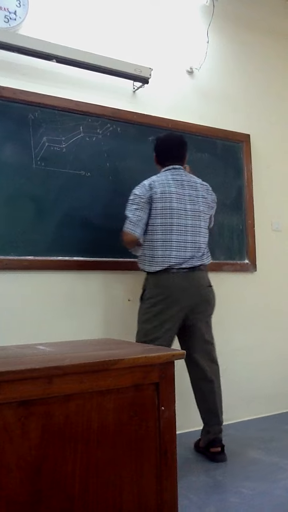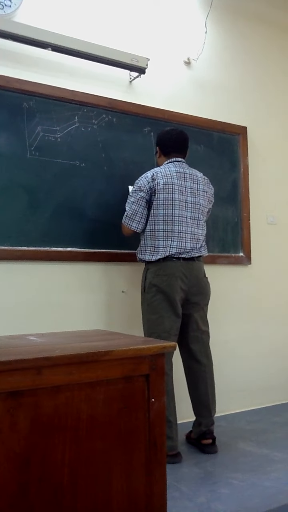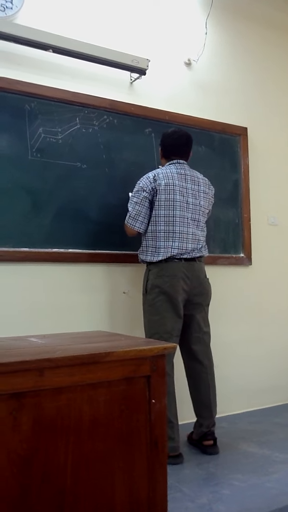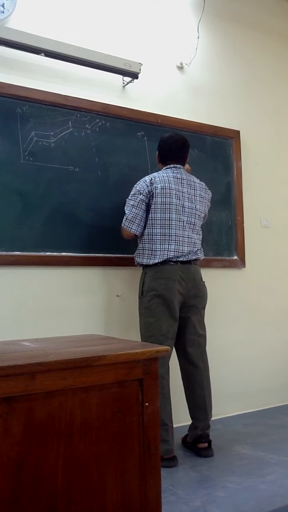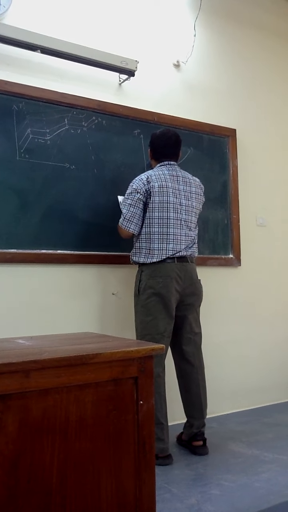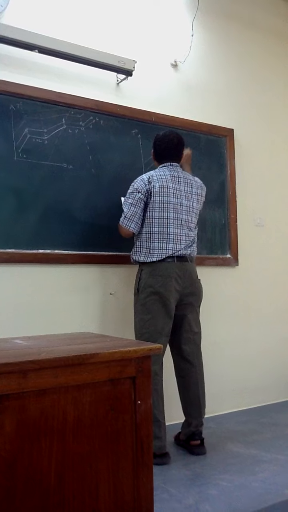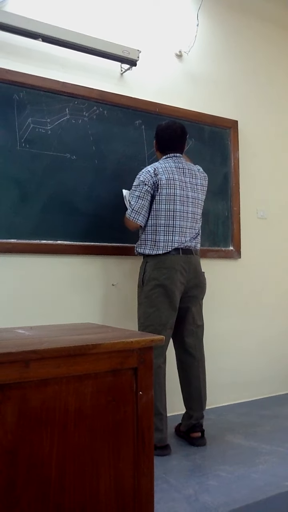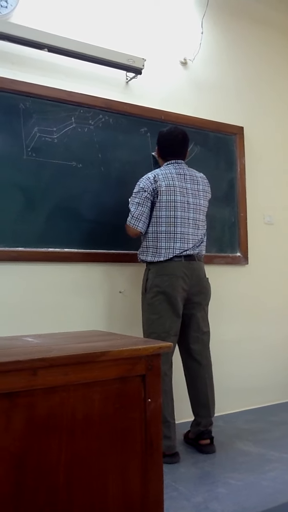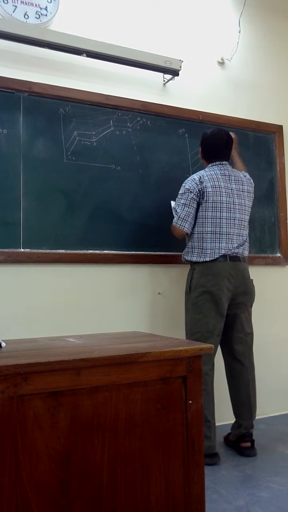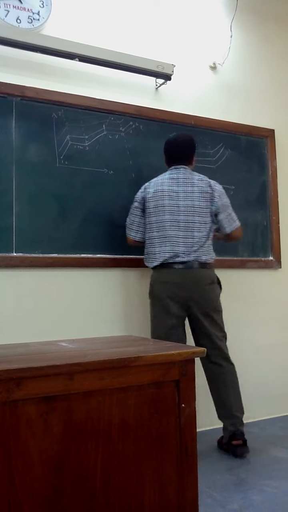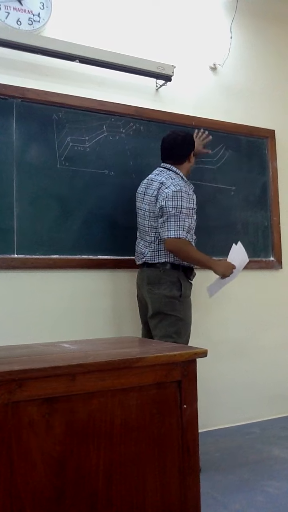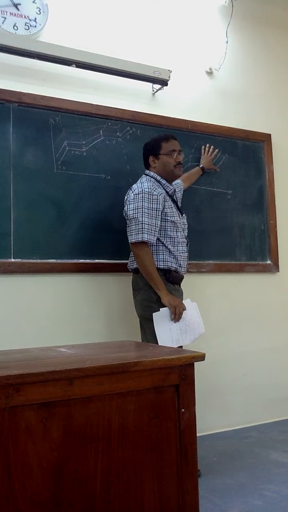So what I am actually interested in, this dotted line, will give the domain where a vapor liquid mixture is possible.